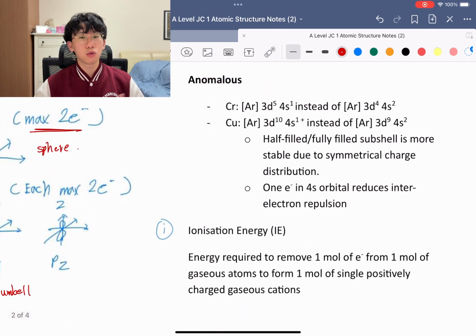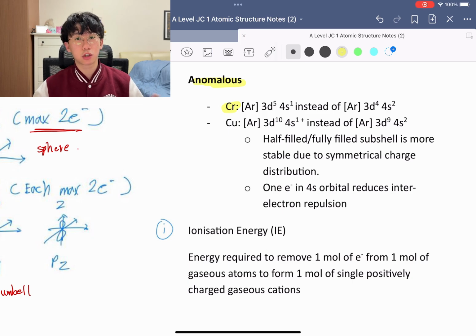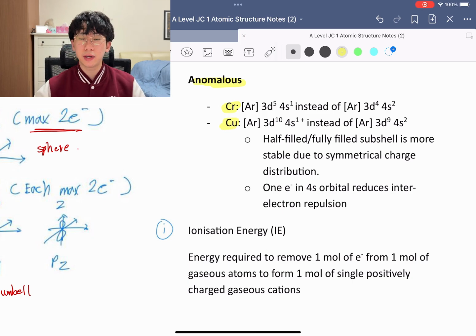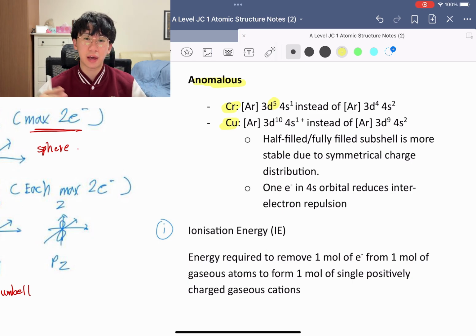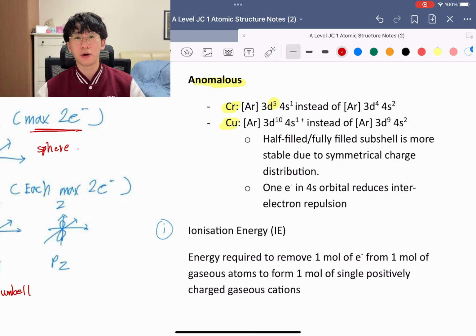There are two main examples that do not really follow the above rules. One of them is chromium and the other one is copper. Whenever the 3d subshell can hit a 5, the electronic configuration will favor it, so the 3d gets to 5 and the 4s is not filled doubly first.